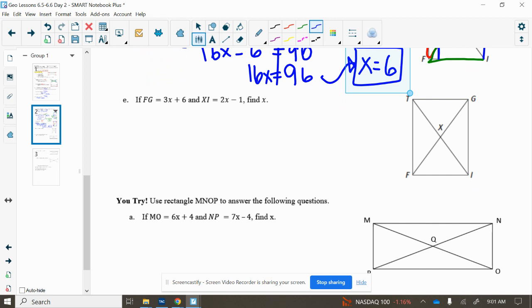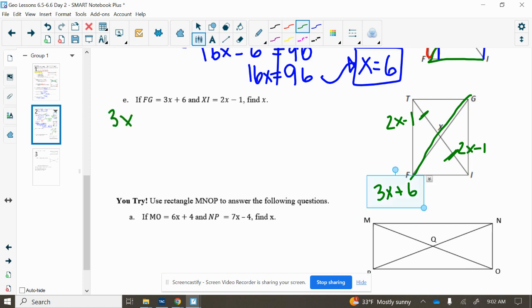All right, last example on this page, we have F to G, this whole diagonal, and then they give us XI down here. So basically what's happening is if we have these two little pieces, even though they didn't officially give us T to X, we know that those two both have to be 2x minus 1, and our whole diagonal, F to G, is 3x plus 6.